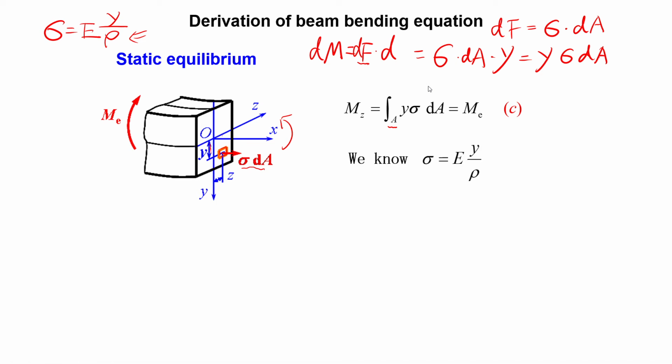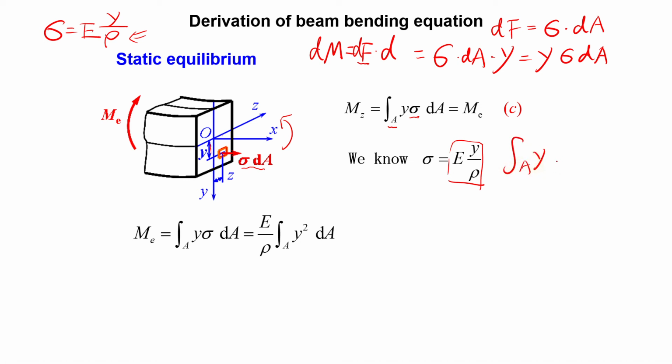That's equation C. Since we know sigma is equal to E times y over rho, we can substitute sigma with that part. So M now becomes, let's just substitute that, the integral over A of y times sigma is replaced by this term, over dA.